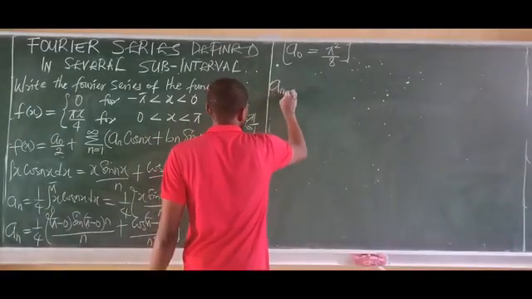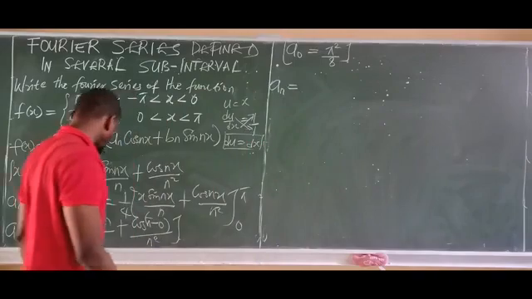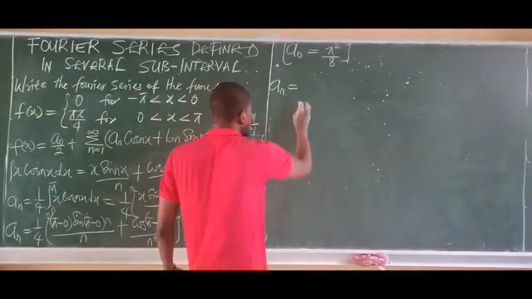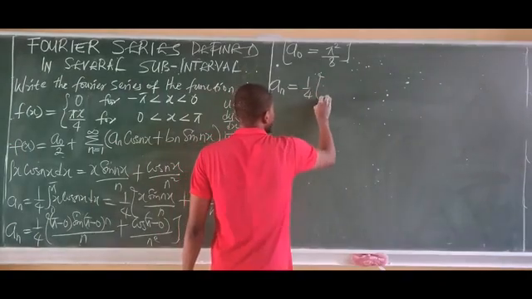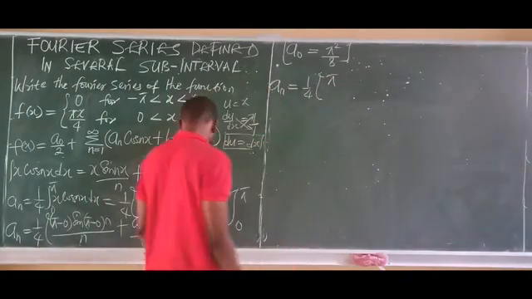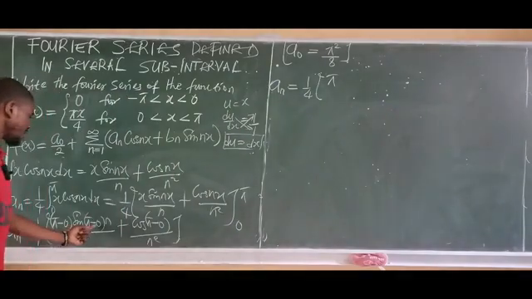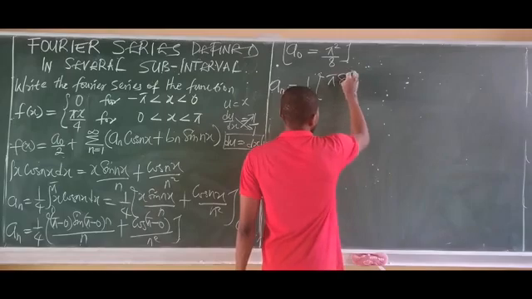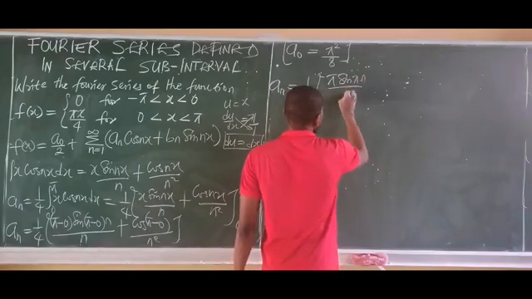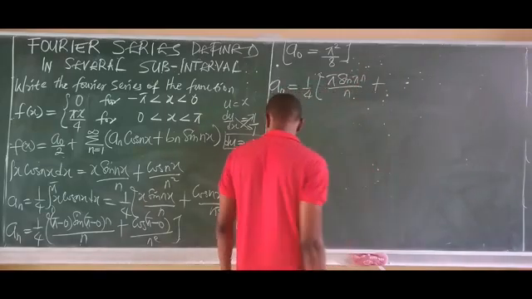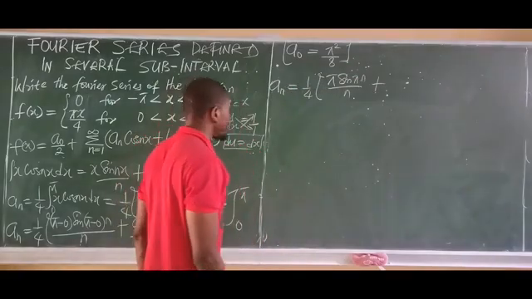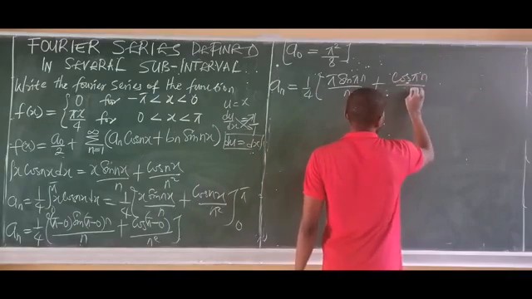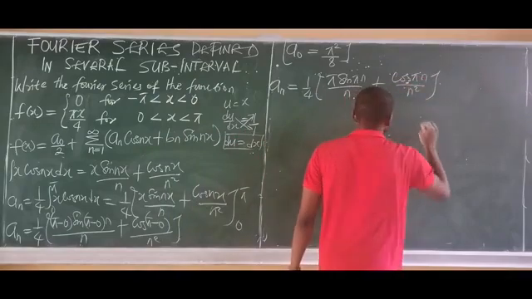So an is now equal to pi minus 0 remains pi. So remember, 1 all over 4 into pi. Same thing, pi minus 0 here is pi, so you have sine pi n all over n plus cos pi minus 0 is pi, so this becomes cos pi n all over n squared.